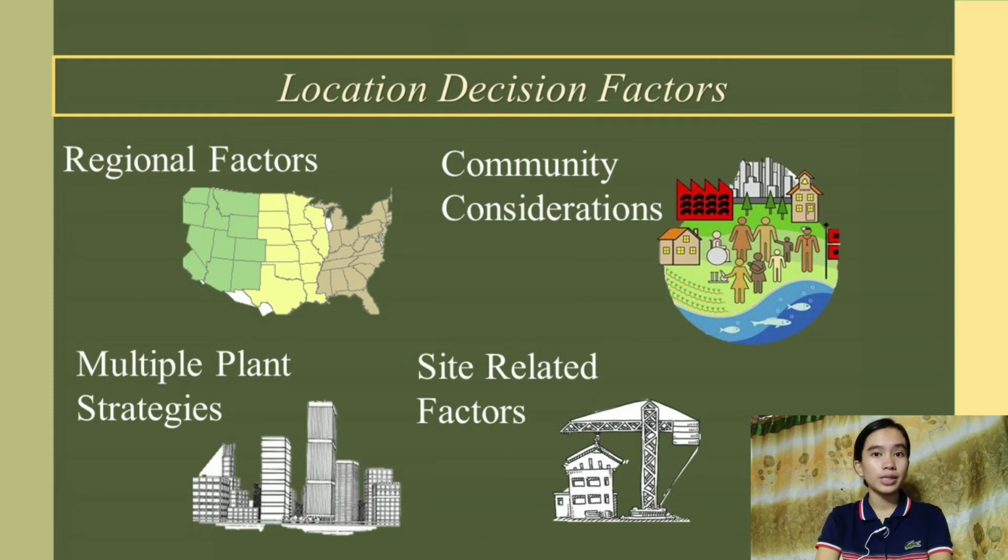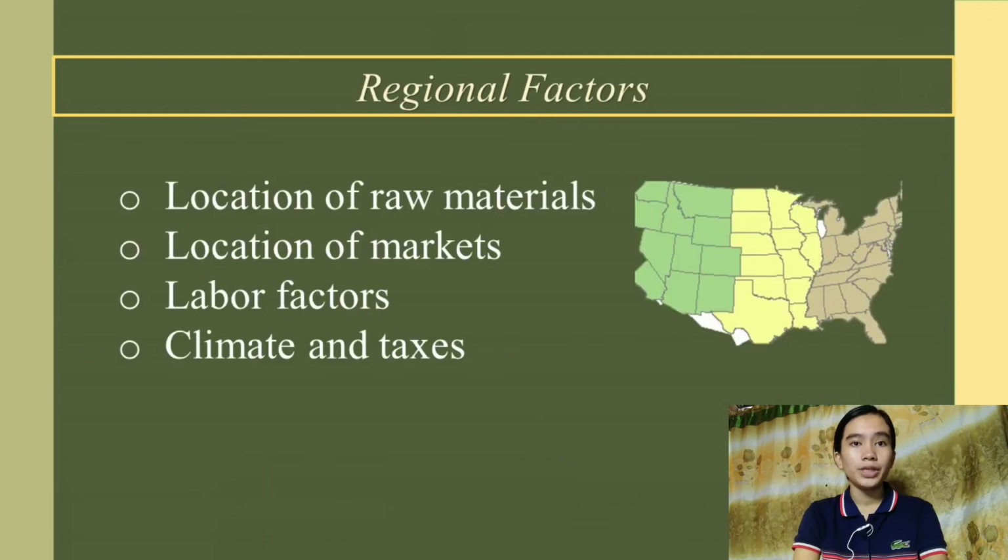In relation to the second step in making location decisions, which is to identify important factors, here are some location decision factors that are usually considered, and these are the regional factors, community considerations, multiple plant strategies, and site-related factors. First in the list is the regional factors, which concerns the particular region of interest of the company.